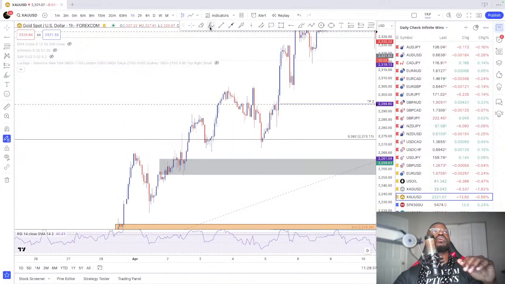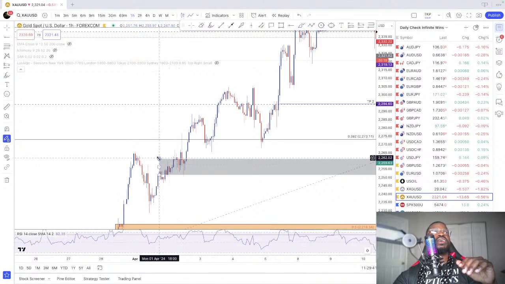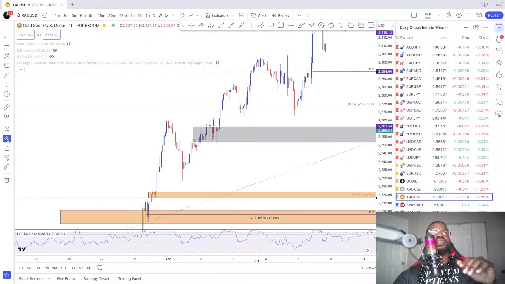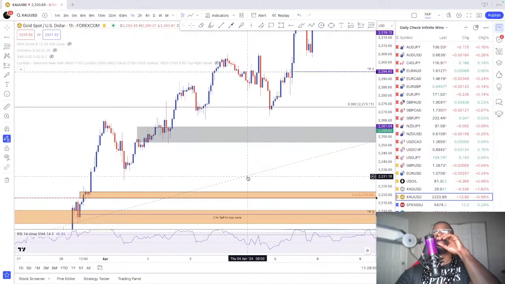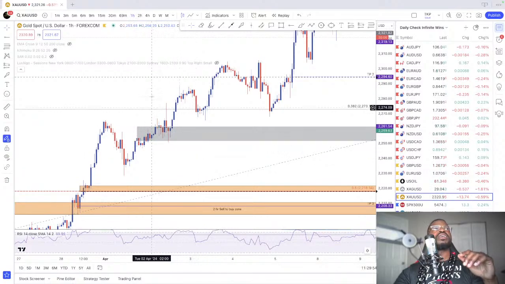Okay, so right here. So again, when you see these patterns, if they aren't retested, price normally pulls back to retest them. So all of these areas, if you see it, especially when you're looking at a downtrend, these are the places that you want to put your targets.